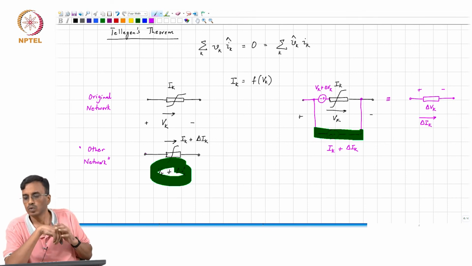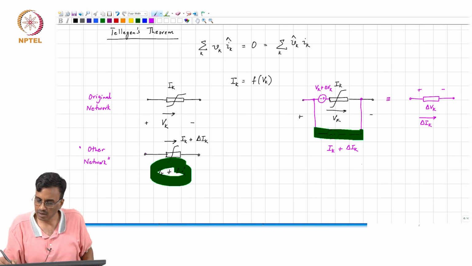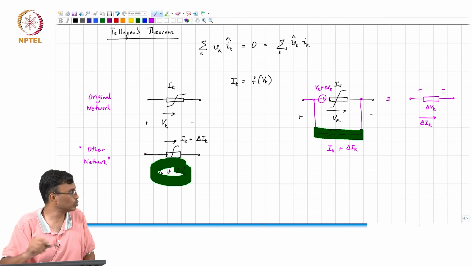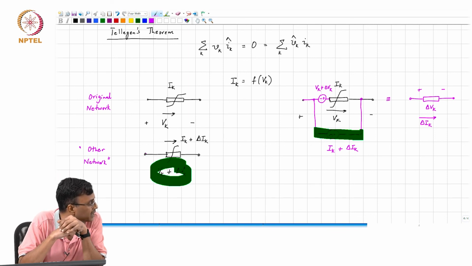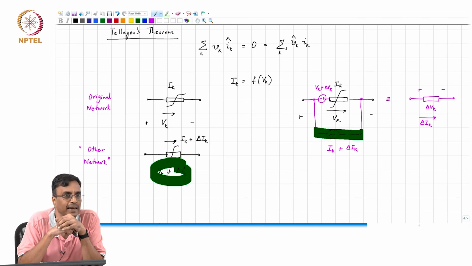It is true for arbitrary changes in the sources. I'd like to reiterate that this delta Vk and delta Ik need not be small.